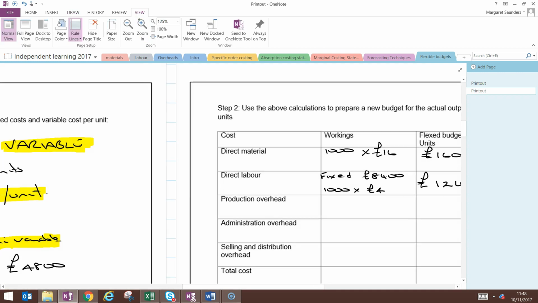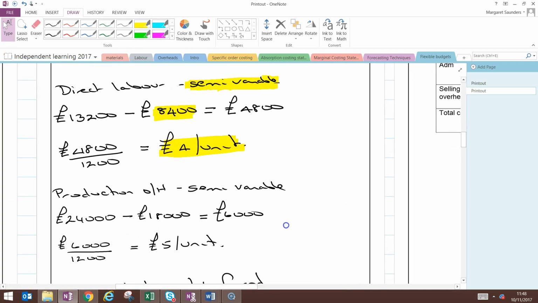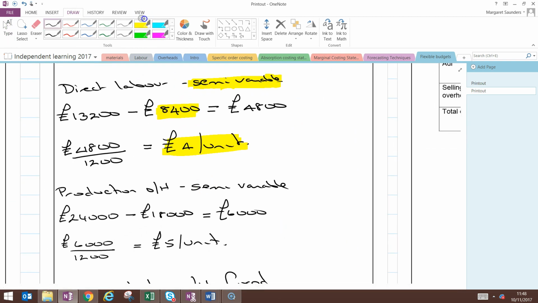Now we look at the production overhead. Again, we've identified this as a semi-variable cost, which means there is a fixed part and a variable part. We know the fixed part is 18,000 and we know the variable part is £5 a unit.